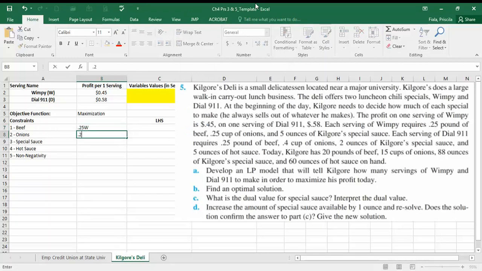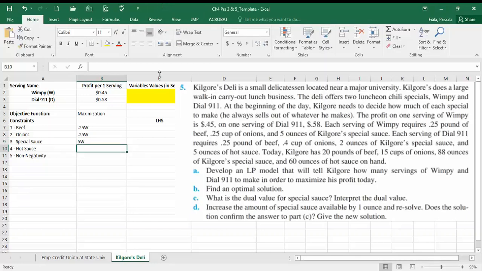Then we have 0.25 cup of onions for Wimpy. I'm reading right here, each serving of Wimpy requires 0.25 pound of beef, 0.25 cup of onions, and 5 ounces of Kilgore special sauce.